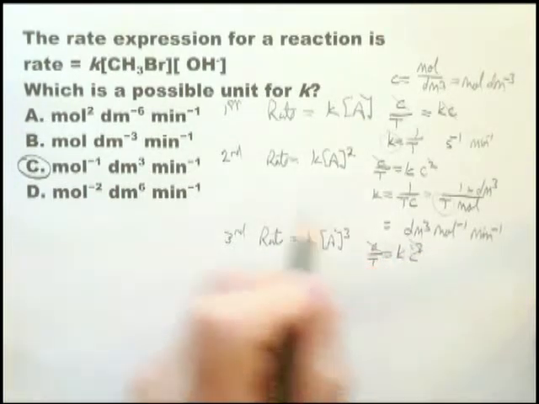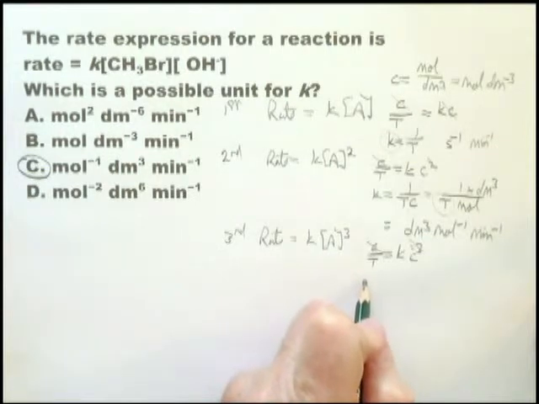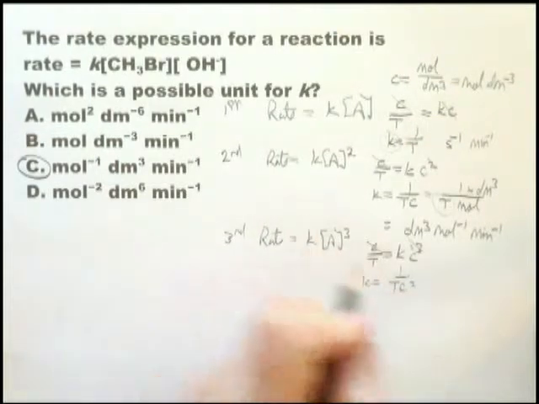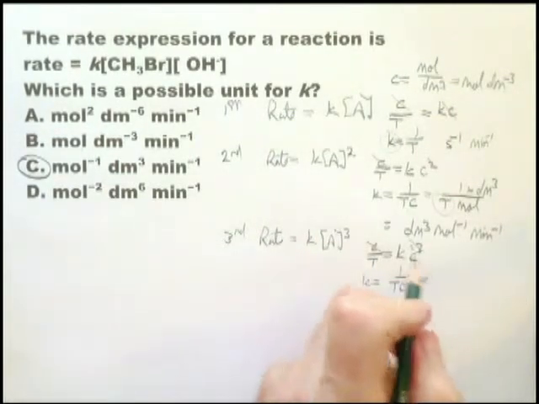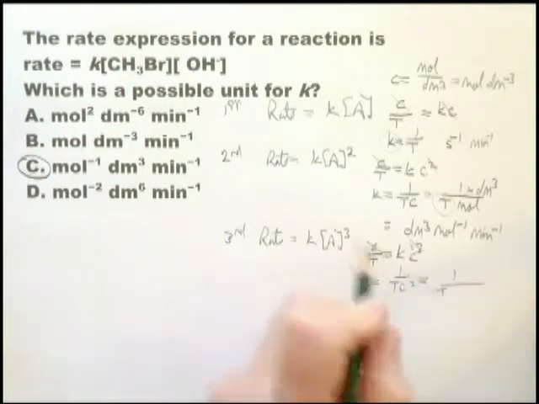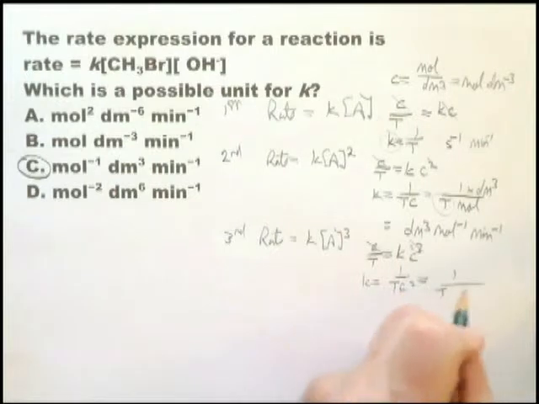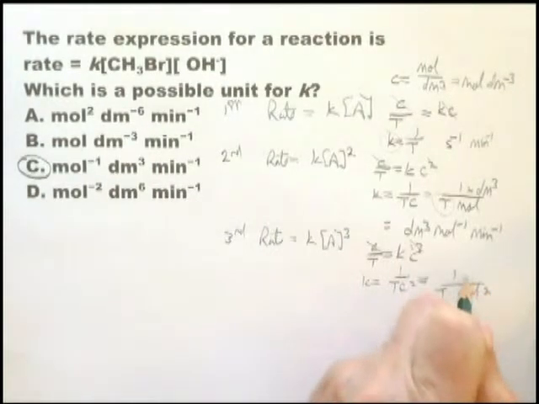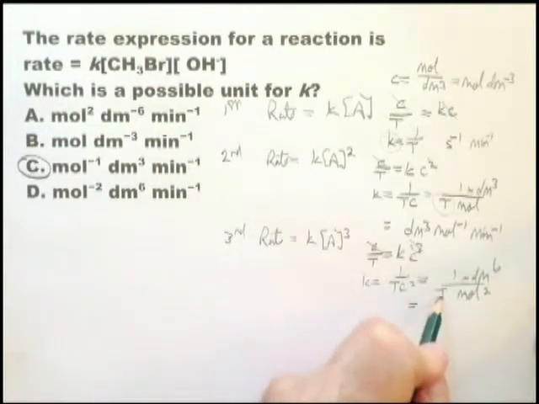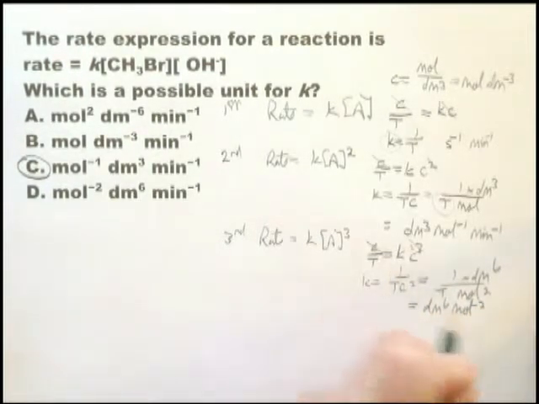The C's cancel out, and k equals 1 over Tc squared. C squared is mole squared over dm6, and again I'm substituting minutes for time, so I put dm6 mole minus 2 minute minus 1.